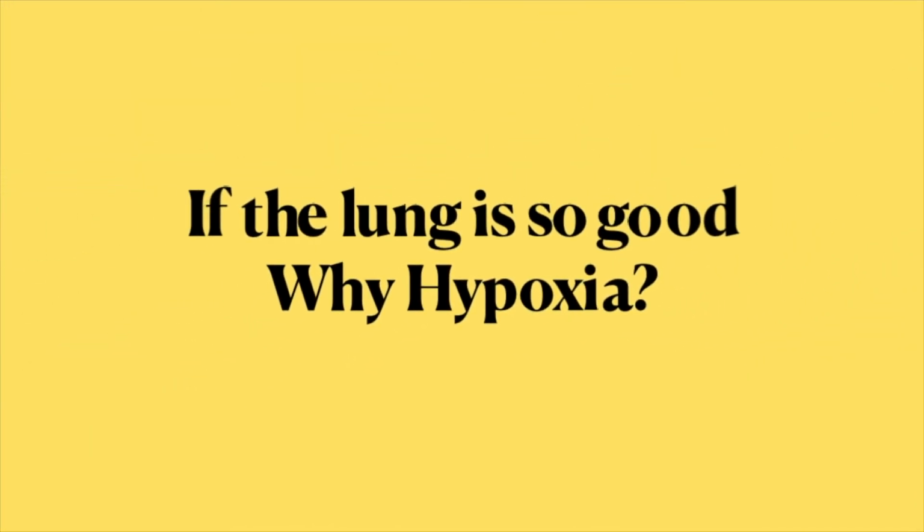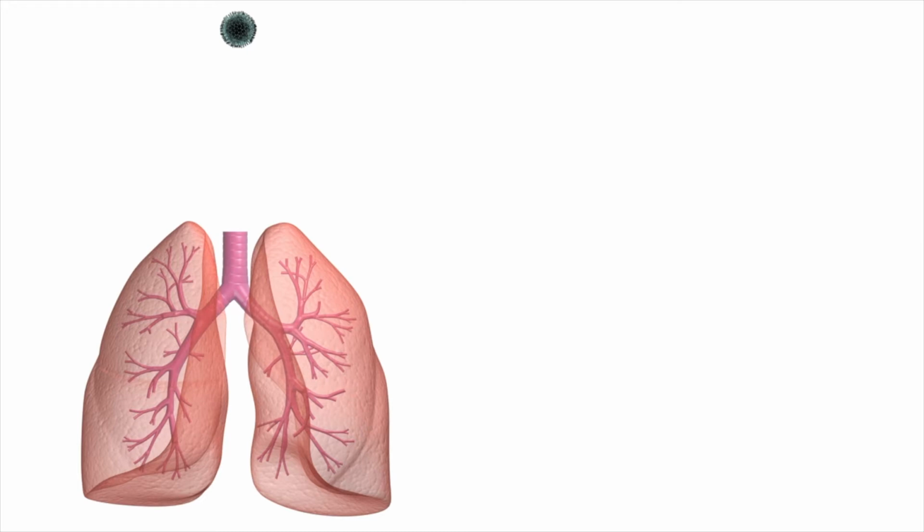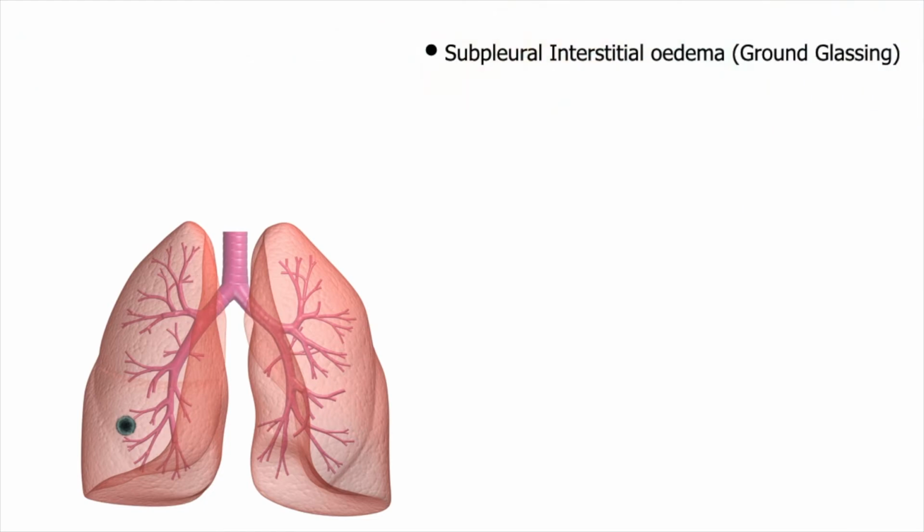So as we can see, the lung is very normal. If the lung is so good, why do these patients develop hypoxia? So let's see what happens. The virus enters the human's respiratory system, then it causes an infection in the subpleural region. So the subpleural interstitial edema or ground glassing is seen.